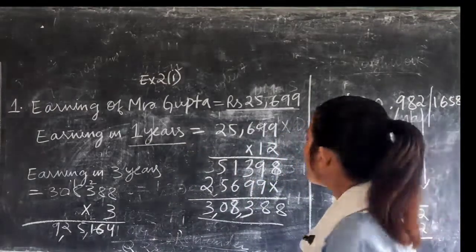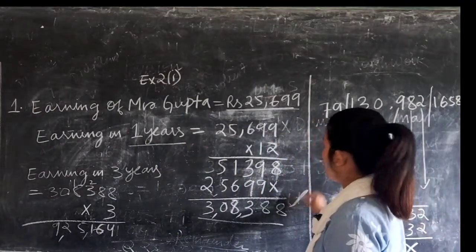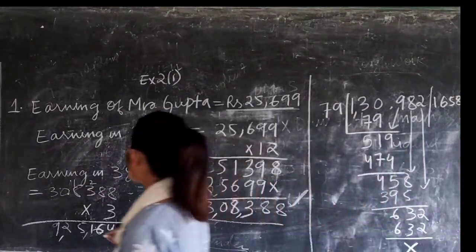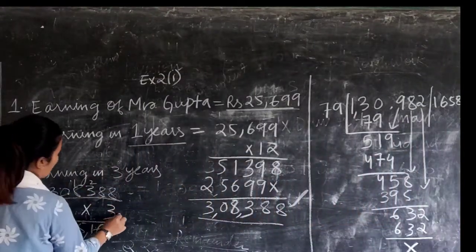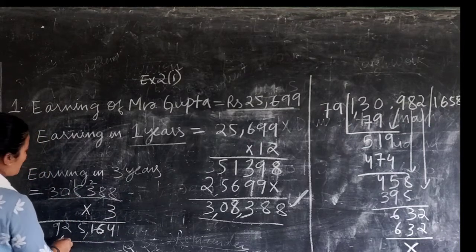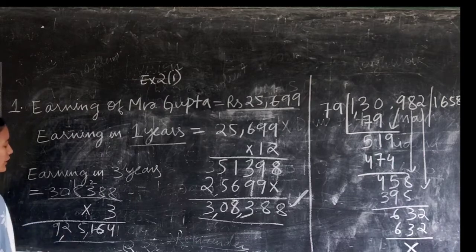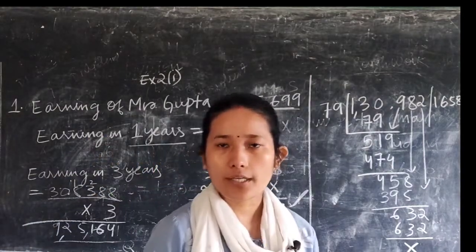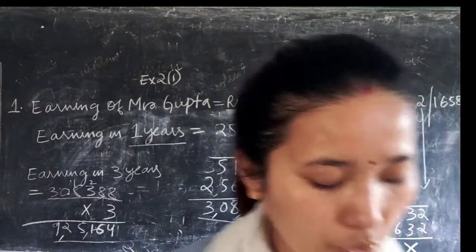Now, this is his earning in 1 year, but the question is to find his earning in 3 years. So, you have to multiply the earning in 1 year with 3, and his earning in 3 years would be 9,25,164. I hope you understood how to do question number 1.